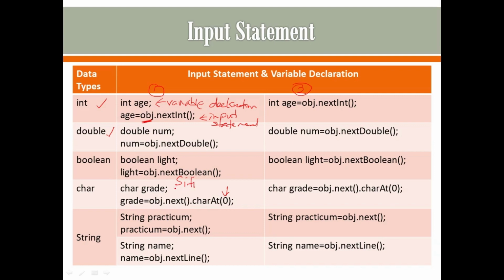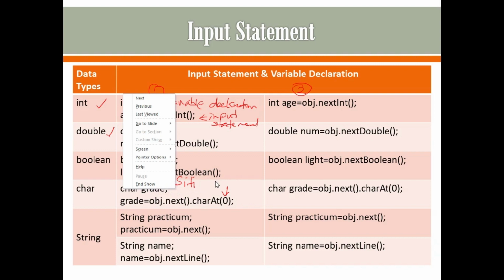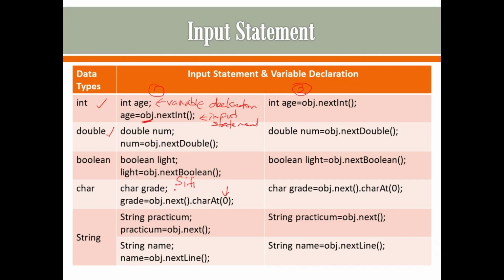In memory, S is location 0, I is 1, T is 2, I is location 3.